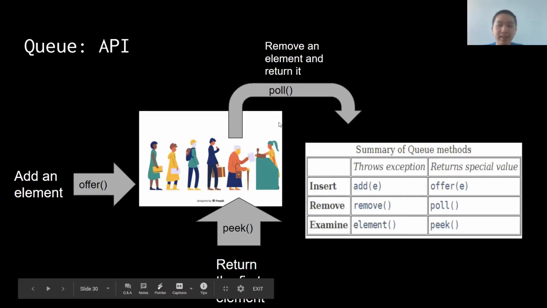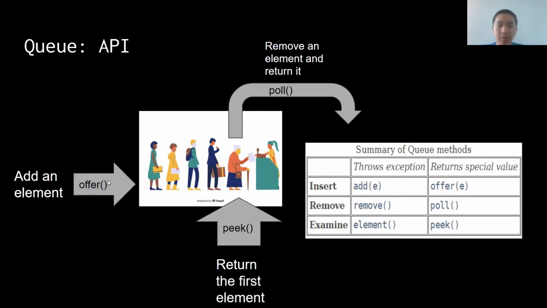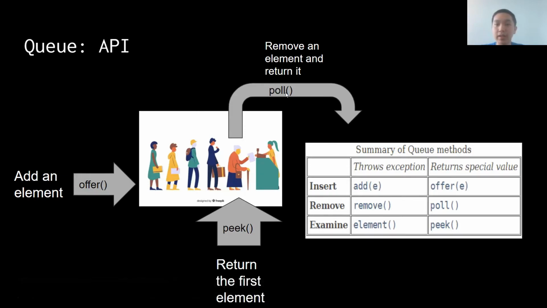Okay, so to talk about the different methods, if you do offer, then it would add an element to the queue, and you would put the element in between these brackets. If you want to see who's at the front of the line, you can use peek, which returns the first element. And if you want to get rid of the first element, then you would use poll, and it'll also return the object that's in the front of the line.